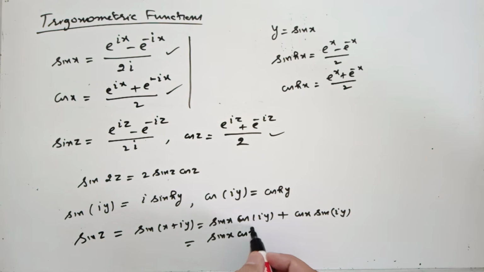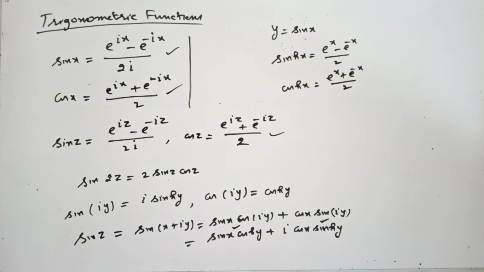This is cos hyperbolic y, and sin iota y is iota sin hyperbolic y. So these are the real and imaginary parts of the sin z function.